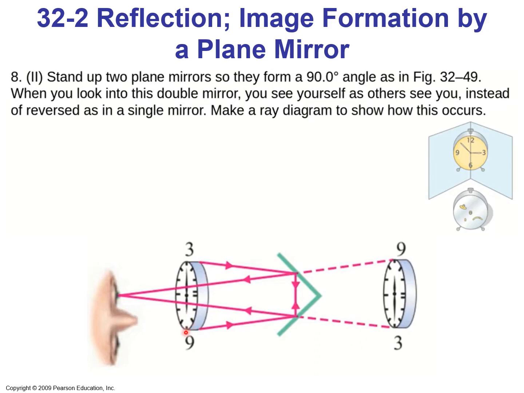Same story for number 9, bouncing off these two mirrors and coming into the eye, but it's actually being formed as a virtual image down here. What we see in the mirror is actually a not reversed image, or not the mirror image of the actual object.